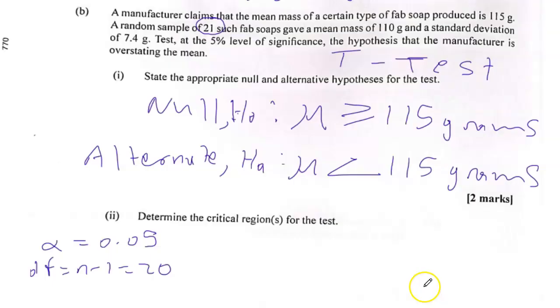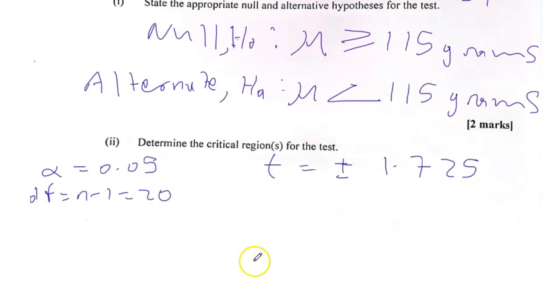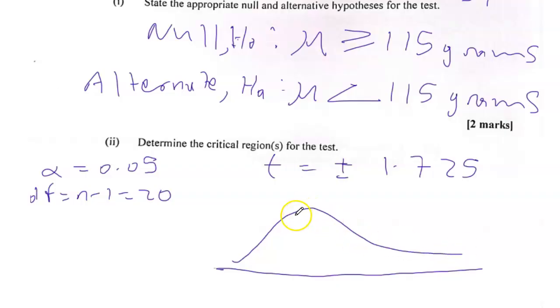And since it's a left tail test, the critical t value is plus or minus 1.725. Of course, it's a left tail or one tail test. Let me draw the critical region there. The critical value t, in the left tail, should be negative 1.725.